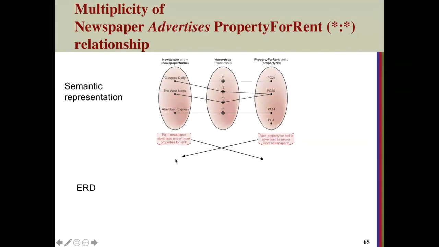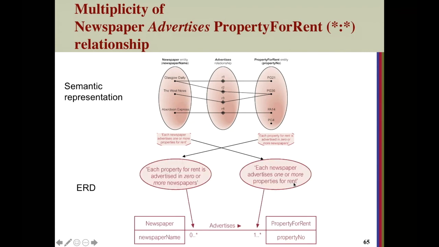In our ER diagram, the right side relationship will be written to the left, and the left side relationship will be written to the right. This is our ER diagram. Entity newspaper, this is entity newspaper. Then entity property for rent, this is entity property for rent.